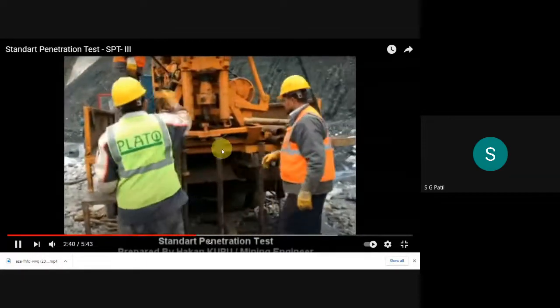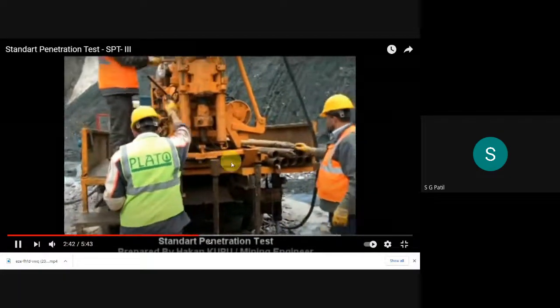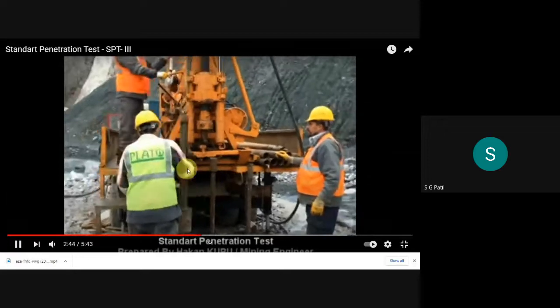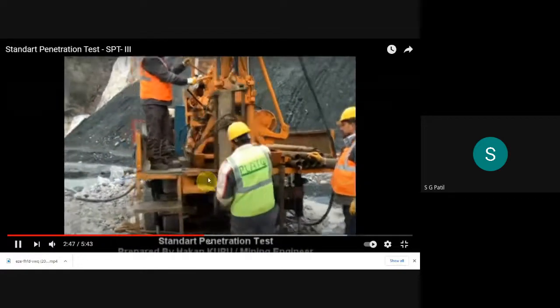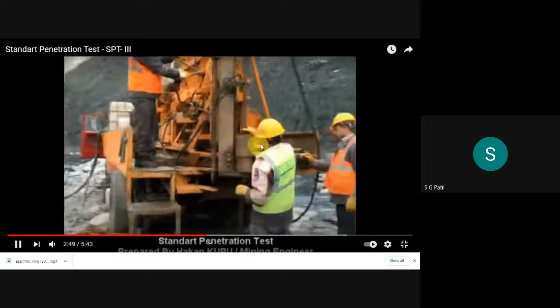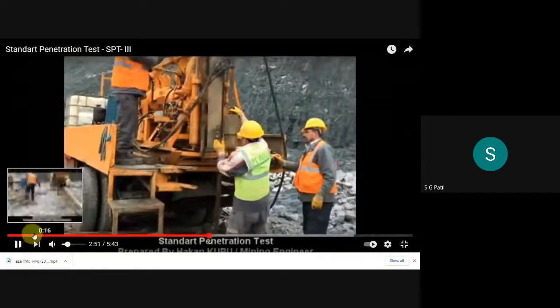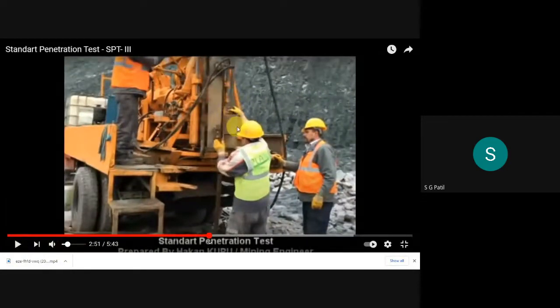See, they attached the anvil. So this is the anvil. Now the hammer. See, this is the hammer they are attaching. This is a different kind of hammer. Whatever I have shown in the picture were donut hammers. These are automatic hammers, a little bit more advanced.